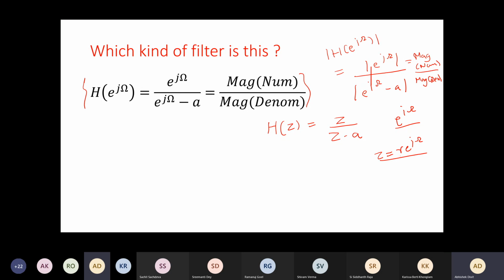Now, if you look at the numerator, think of it like this.